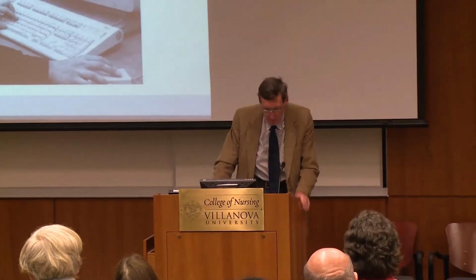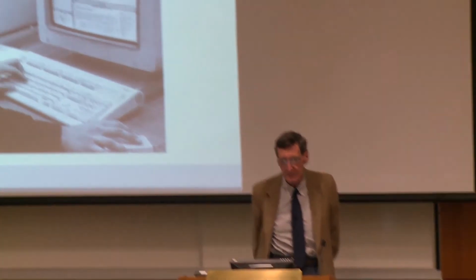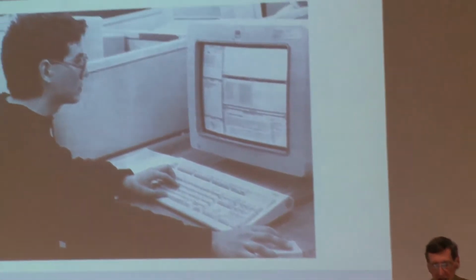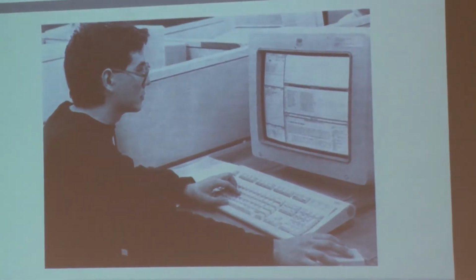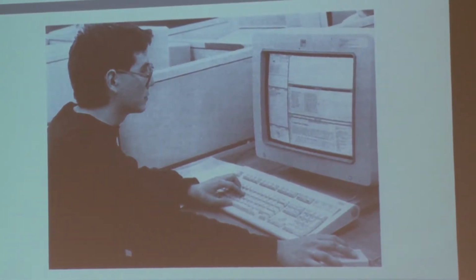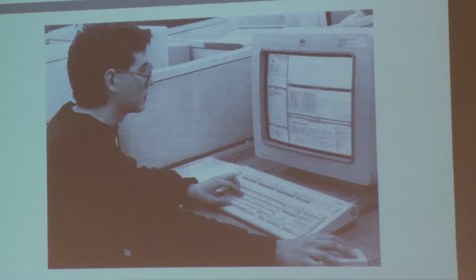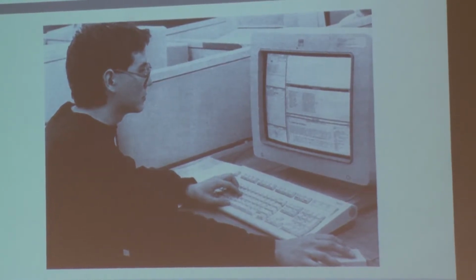Here is my fourth and final picture of somebody sitting at a keyboard, black and white, dirty grey picture. This is not a Carnegie Mellon student. This is a Carnegie Mellon employee pretending to be a student for the benefit of the photographer. What he's sitting at is a personal computer.